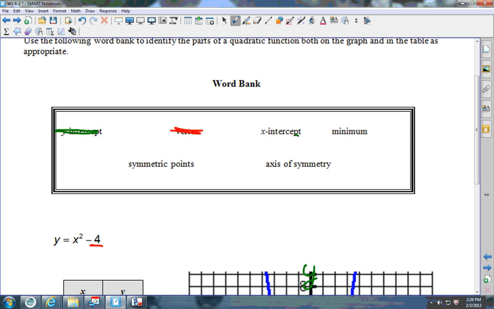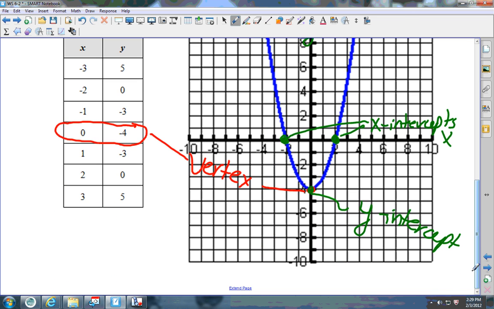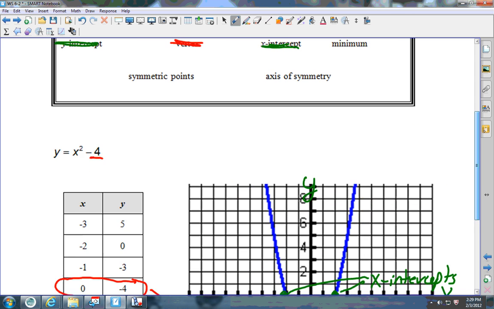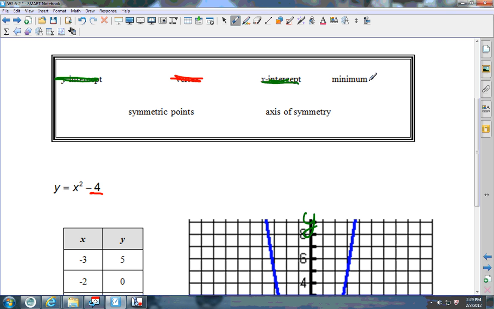Okay. Next it says minimum point. Well, down at the very bottom point down here, this is the minimum. All right, so I've done that. Now I'm going to skip over here to axis of symmetry.